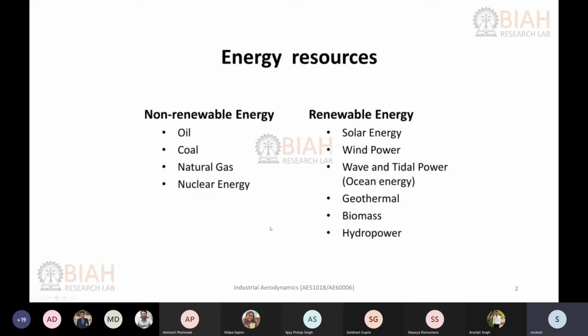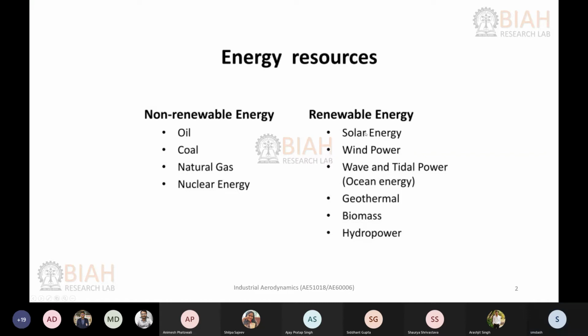For example, oil, coal, natural gas, and nuclear energy. When the energy source is exhausted, you will not have these energies anymore. Whereas solar, wind, wave and tidal, geothermal, biomass, hydropower. These energies will be there forever, if you compare with your life cycle.